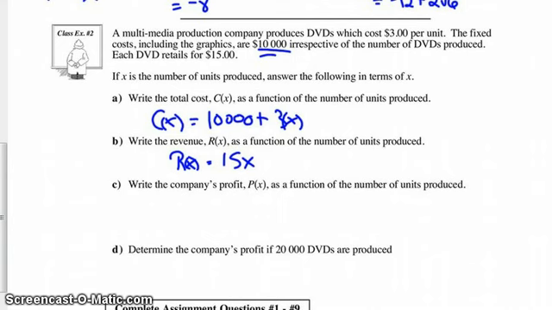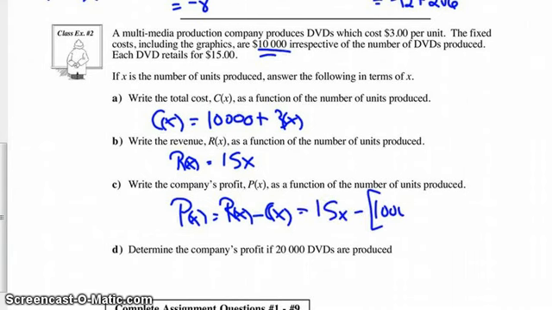The company's profit then is really about, whoopsie, I'm sorry, it's really about revenue minus your costs. And in that case, it's going to be 15x minus the original function of 10,000 plus 3x.